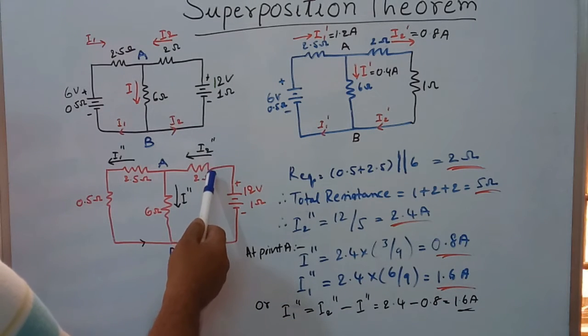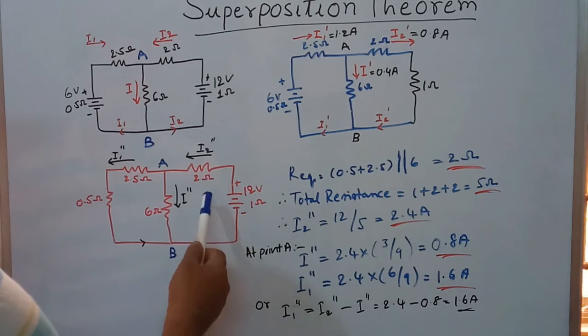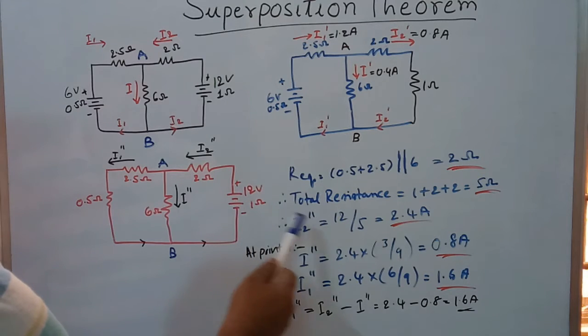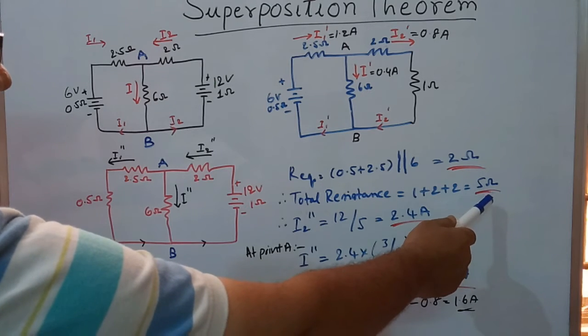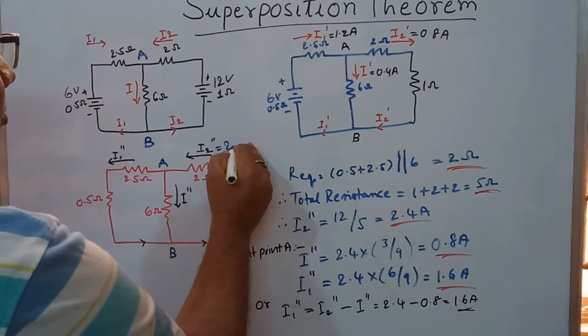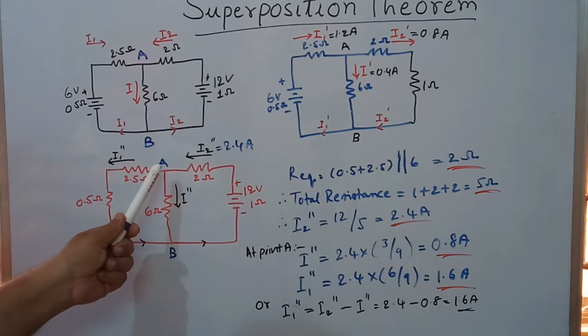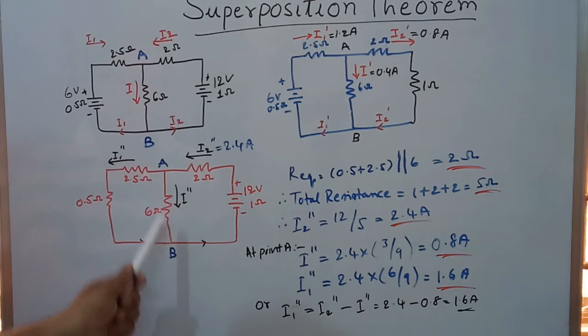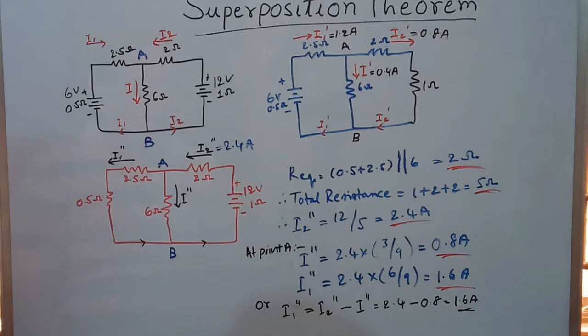Now I2 double dash is the current flowing into the network. To calculate this, the 12 volt EMF source divided by the total resistance, which is 5 ohms, is 2.4 amperes. Therefore, I2 double dash equals 2.4 amperes. At point A, this current is split into two branches, which are I1 double dash and I double dash.